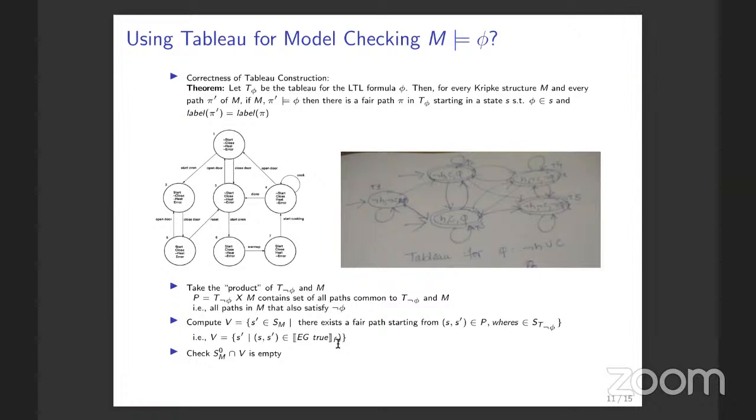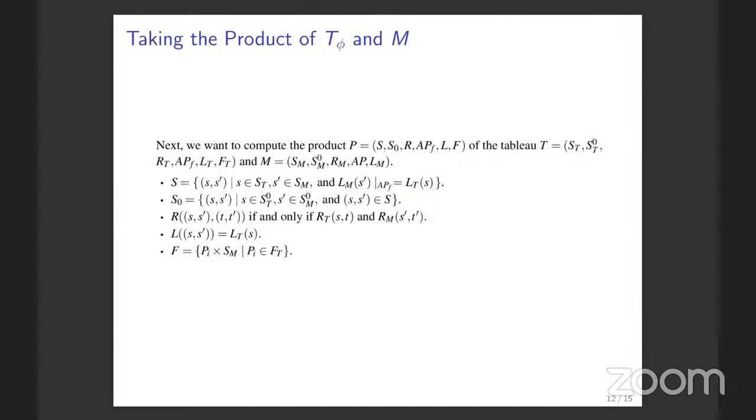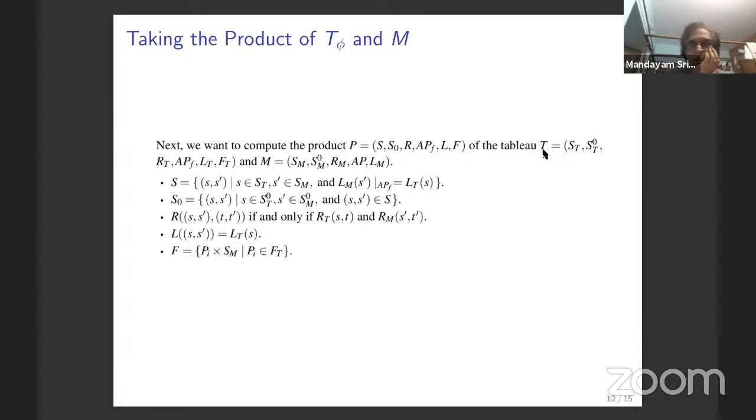understood? What are the fair states in the product Kripke structure? Let me get to the exact formal definition of this thing. So this is the product machine. T is the tableau.